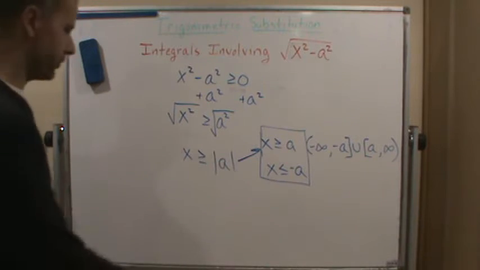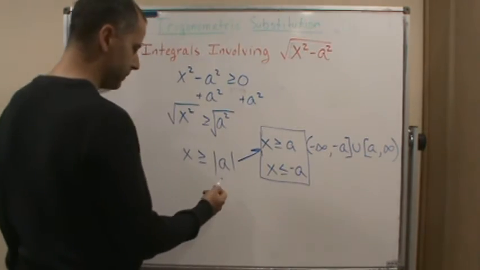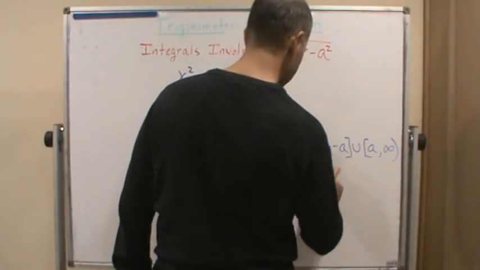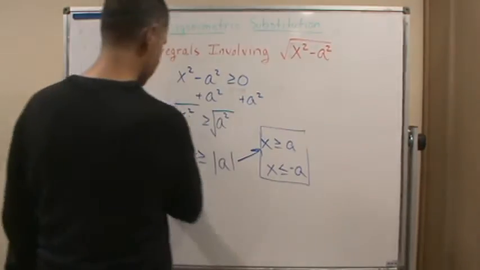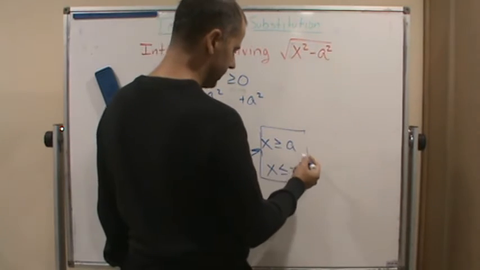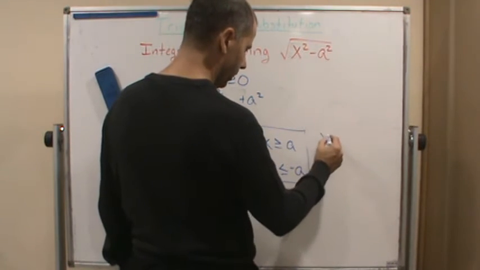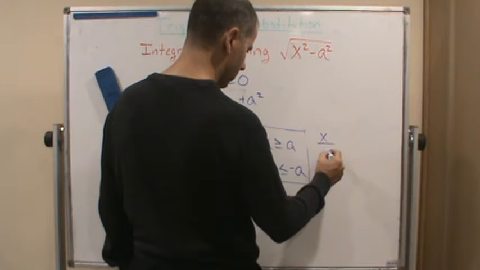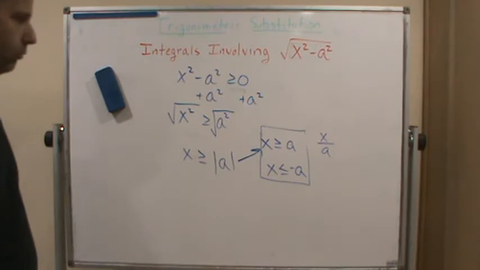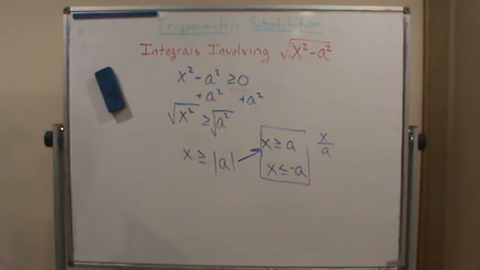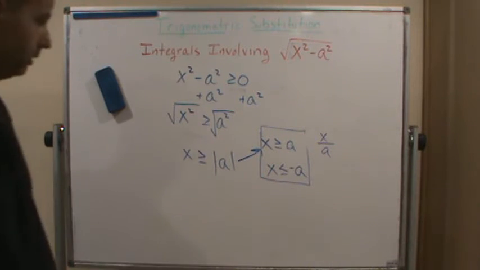And if we divide both sides by a, this means that x over a is going to be greater than or equal to 1, or less than or equal to negative 1.